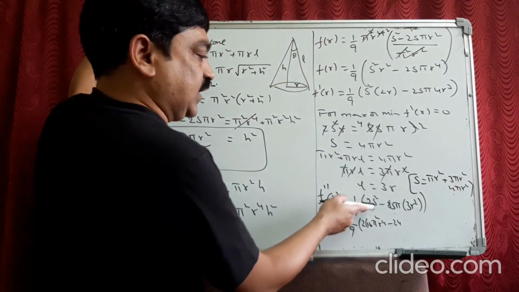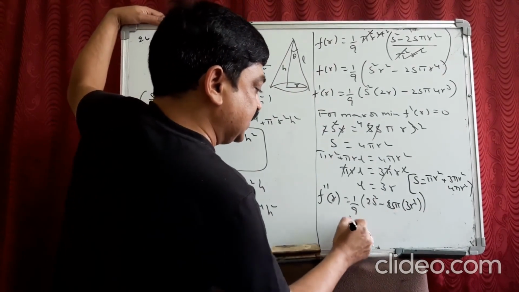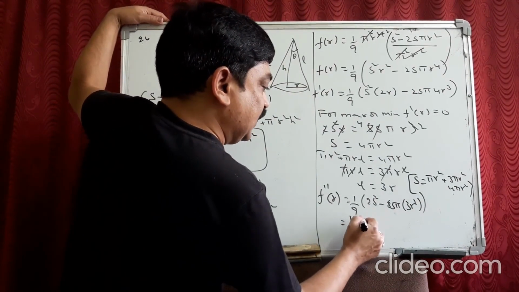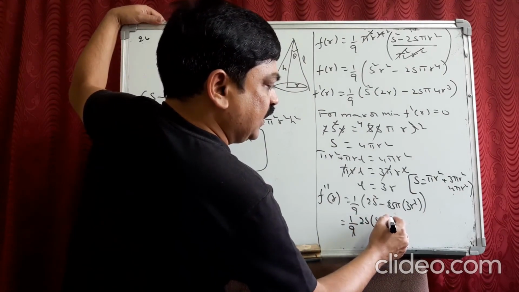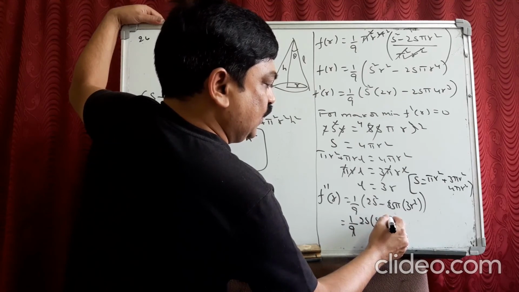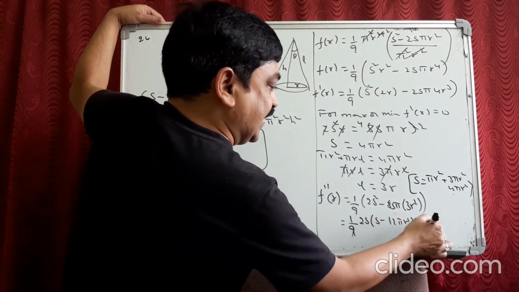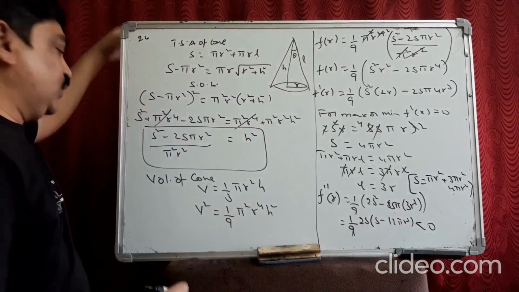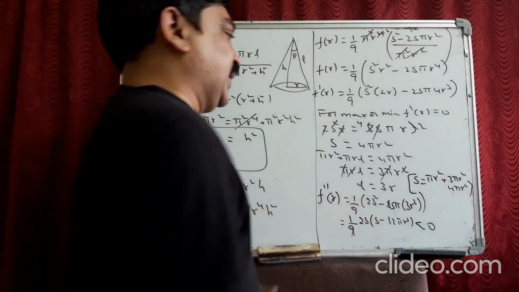After getting s, substitute here, or we do one thing, take s outside, it will be easy. 2s, if I take s outside, minus 12 pi r square, but s is 4 pi r square, so it is negative. It is negative. So what did they say? Maximum value. When it is negative, it is maximum.